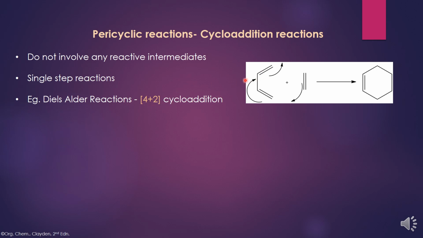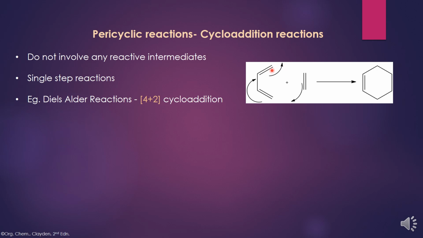means one of the reactants has 4 carbon atoms which are directly involved in the reaction, and the other reactant has 2 carbon atoms directly involved in the reaction. So in general, cycloaddition reactions are categorized in terms of the number of carbon atoms involved in the reaction.